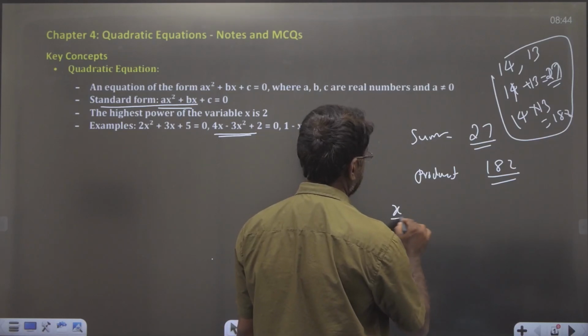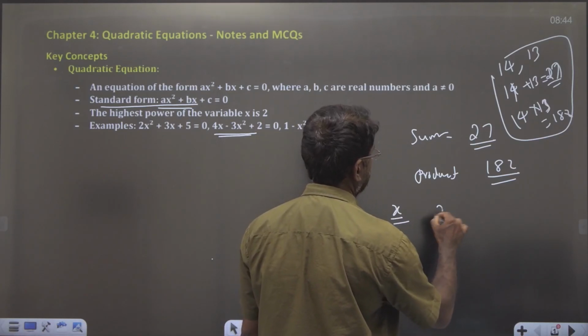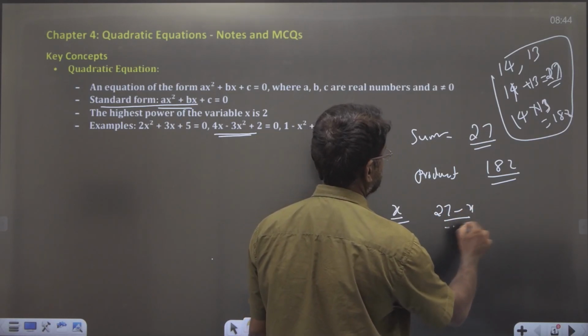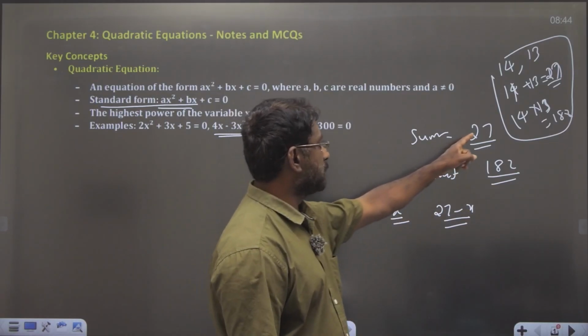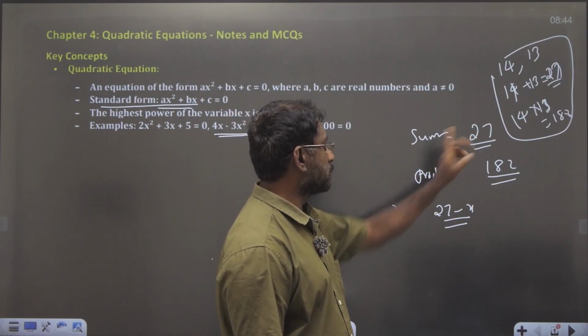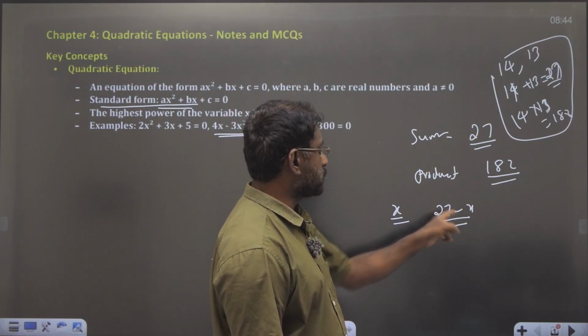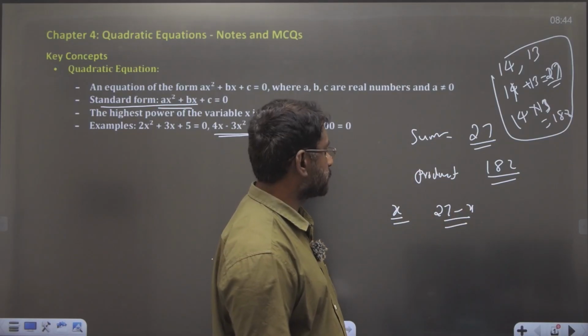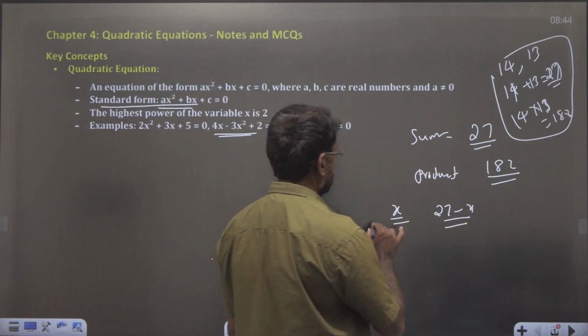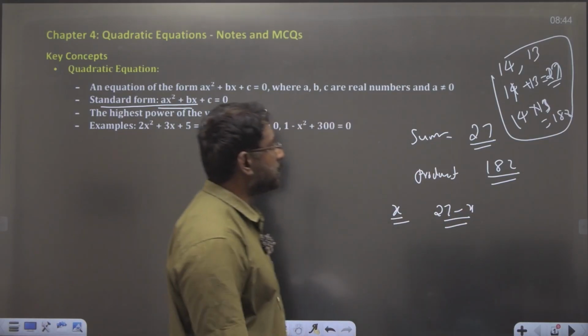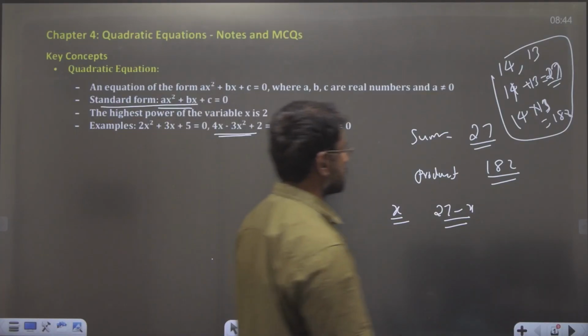Let x be one number, the other number is automatically 27 minus x, because the sum of these two numbers is 27. That is, x plus 27 minus x is 27. So, let us take x and 27 minus x as the numbers.